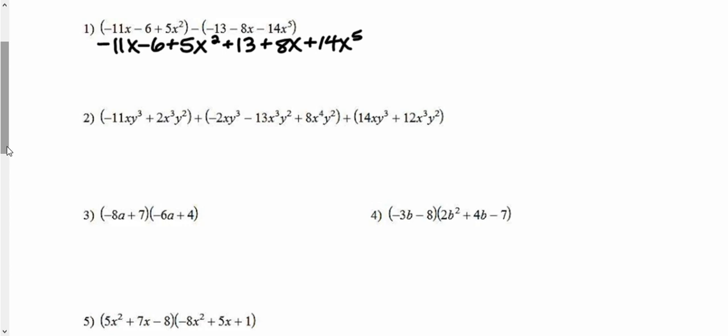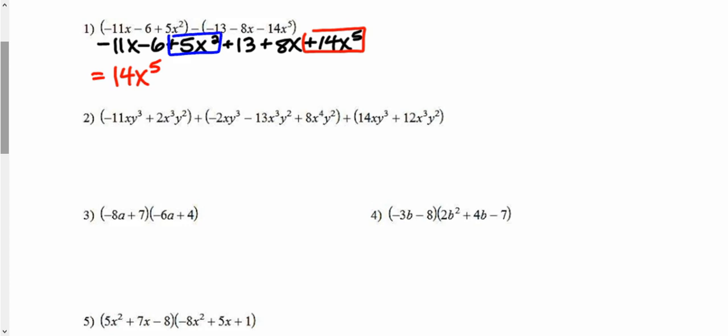So I only see one term that has x to the 5th, so I'm going to start there. Oh, I don't know why I said 5x to the 5th. 14x to the 5th. And then looking for the next biggest exponent just to organize my work.